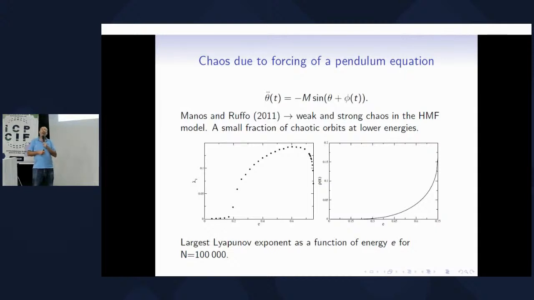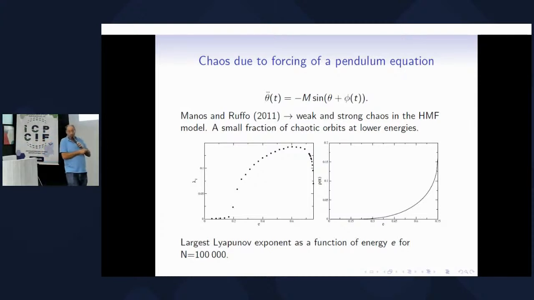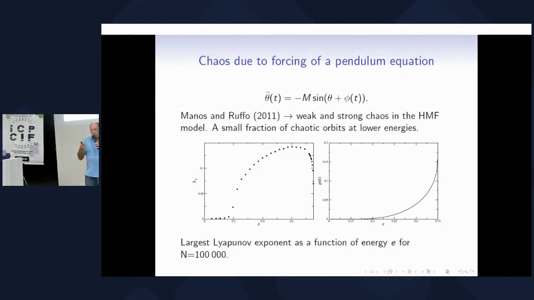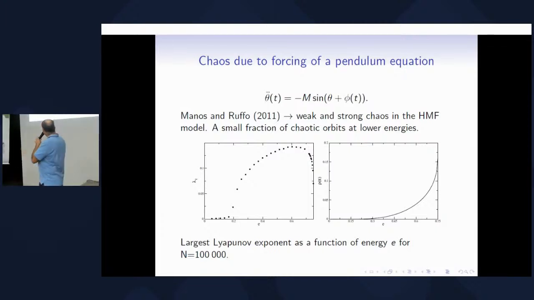Just to finish now, there's also coupling of the motion of each particle in the HMF model to the Goldstone modes, when the probability distribution function near the boundary is significantly different from zero. Then these excitations are possible. If I look at the motion of a single particle in the mean field limit, which is essentially the equation of a pendulum, this pendulum will couple to the motion of the magnetization.